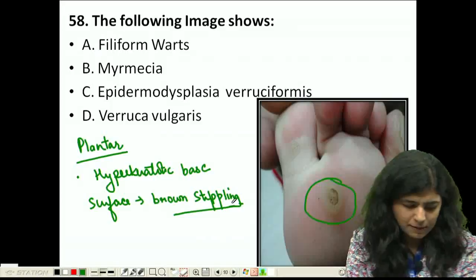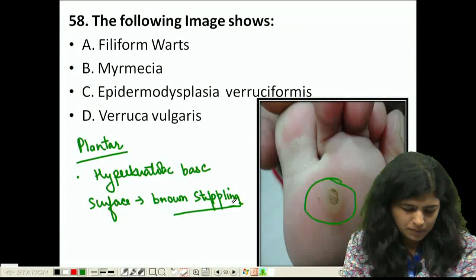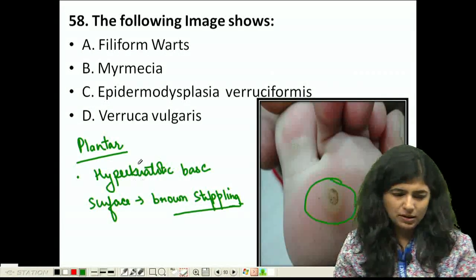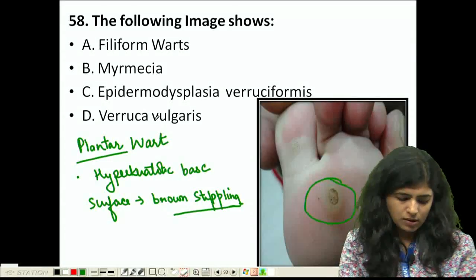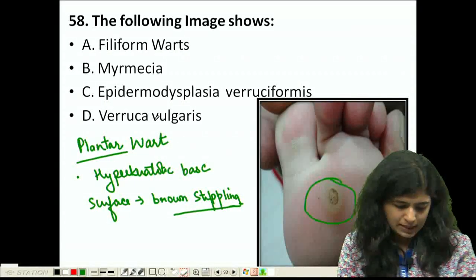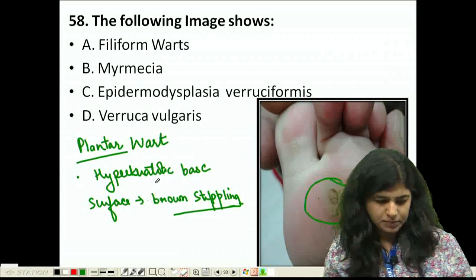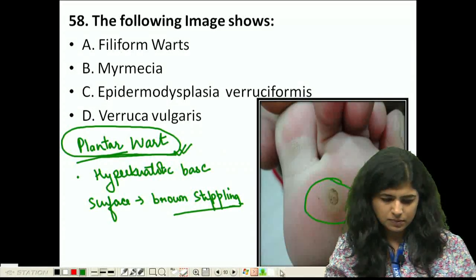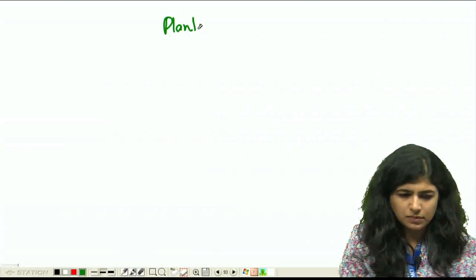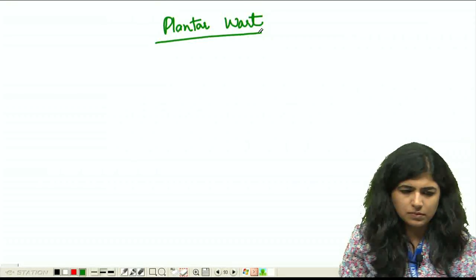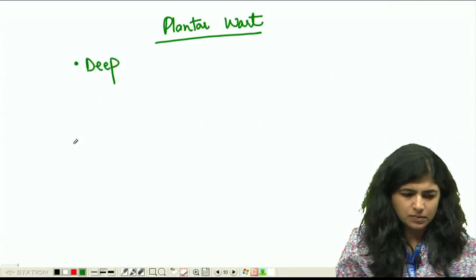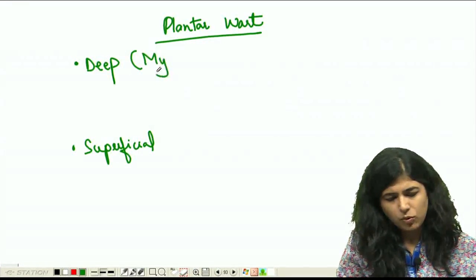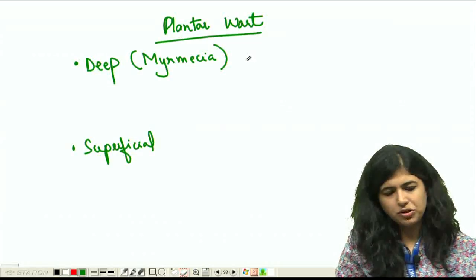The diagnosis is a plantar wart. Deep ones are called myrmecia.